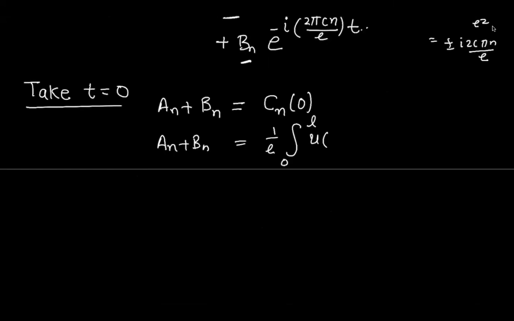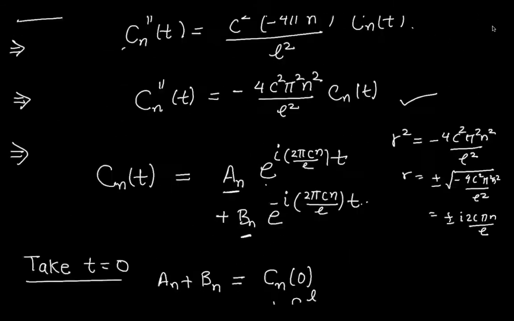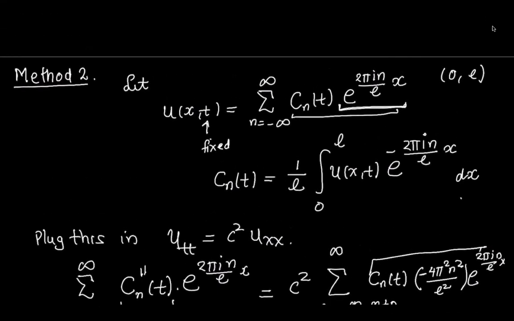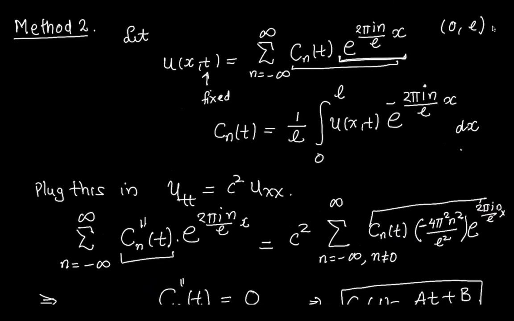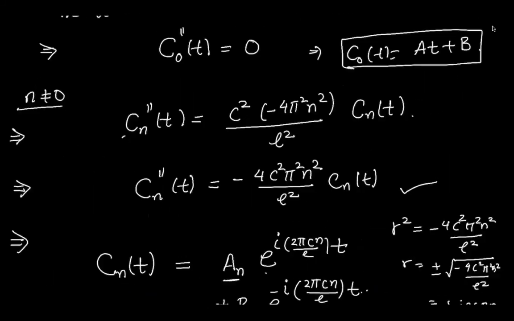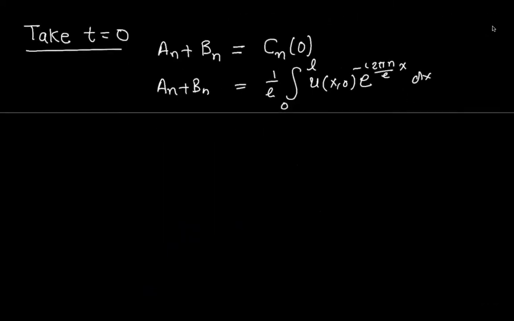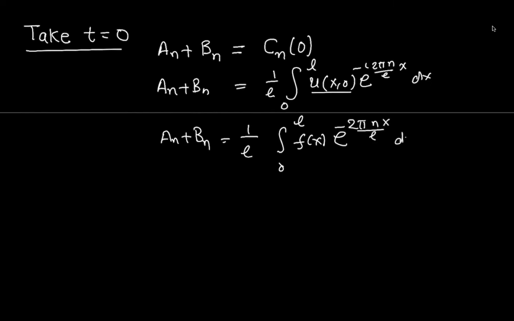of the function at t equal to 0 times e raised to power minus 2 pi i n x over L. Yes, this is your 0 at t equal to 0, but the rest of the expression is the same, e raised to power minus 2 pi i n x over L. Therefore, A_n plus B_n is equal to 1 over L, integral from 0 to L of f(x) e raised to power minus 2 pi i n x divided by L dx.